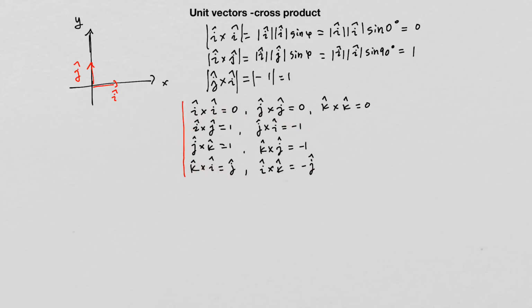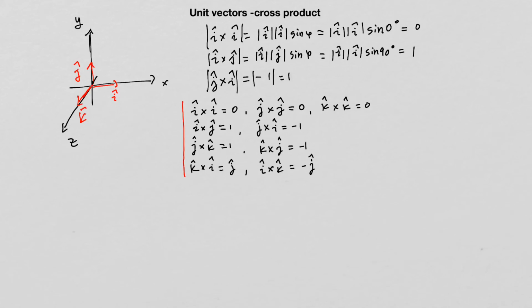Well, according to the right-hand rule, you would place your fingertips of the right hand along the vector i hat, then sweep towards j hat, and then the thumb of your right hand will point in the direction of the resultant vector. That vector will lie along the z-axis. And since we are dealing with unit vectors, the result will be a unit vector, and that will be k hat right here.